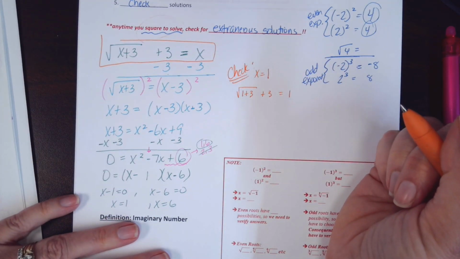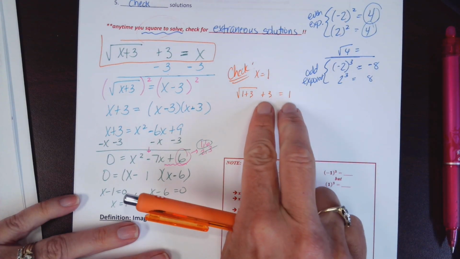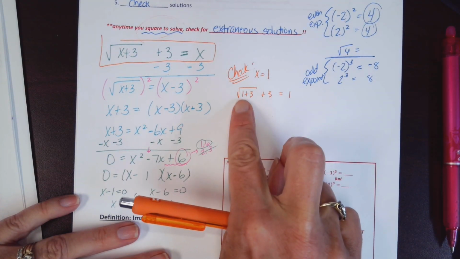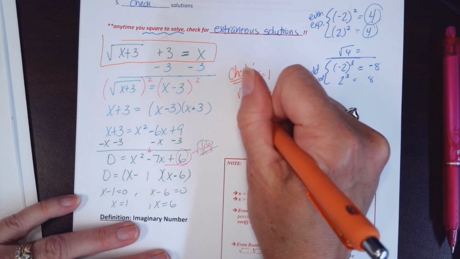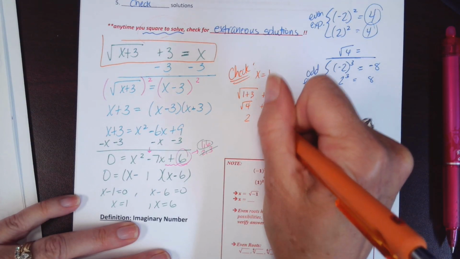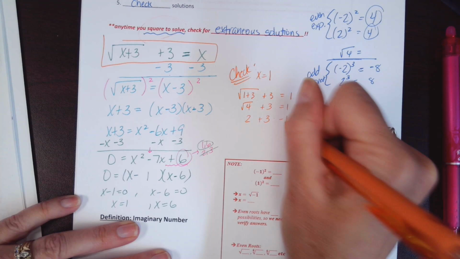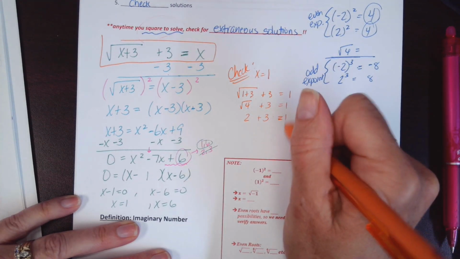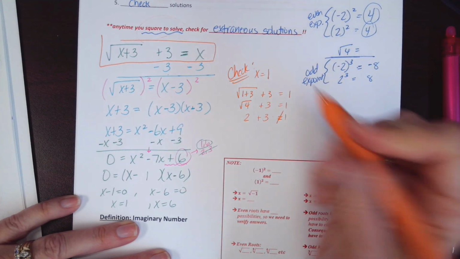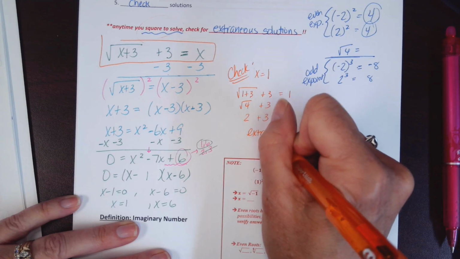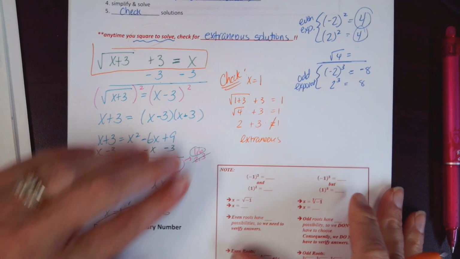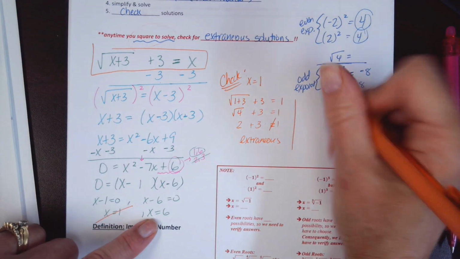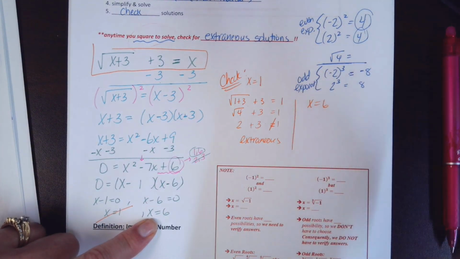And I already see I've got a problem because that's not going to work. 1 plus 3 is 4, square root of 4 is 2. And 2 plus 3 does not equal 1. So that's extraneous. That's not a valid solution. All right, let's check our other proposed solution, x equals 6.